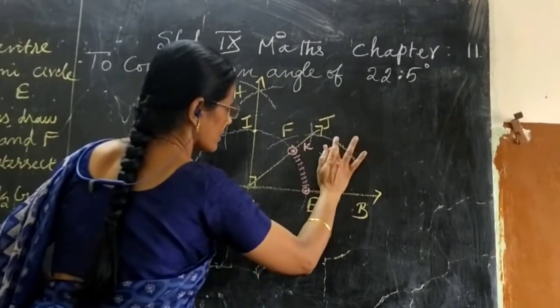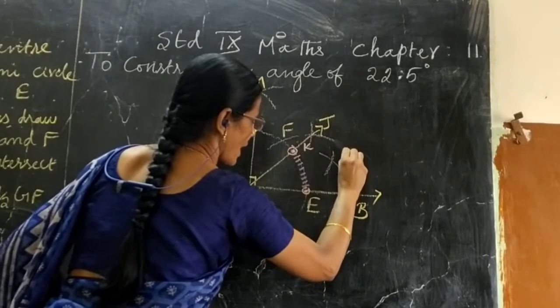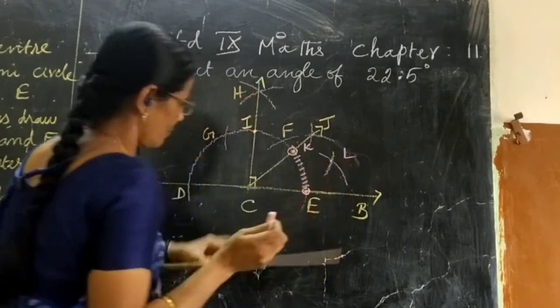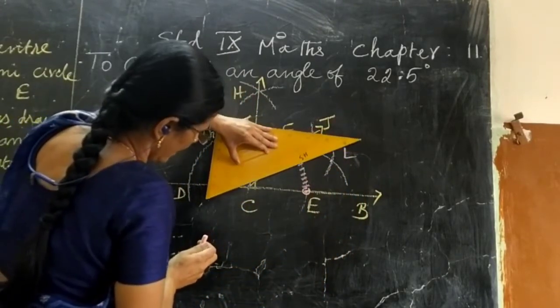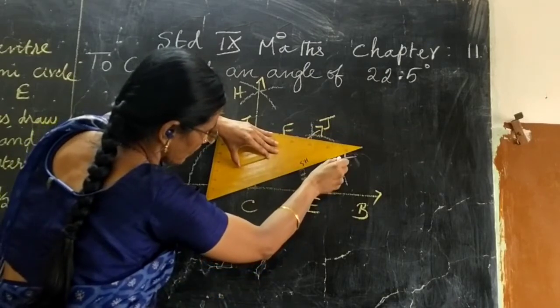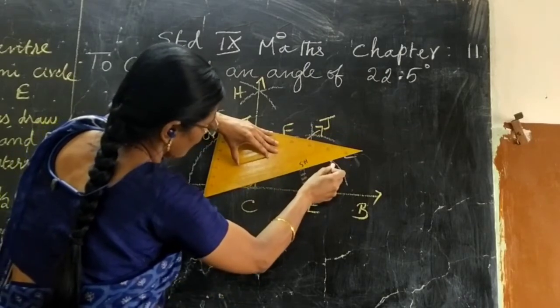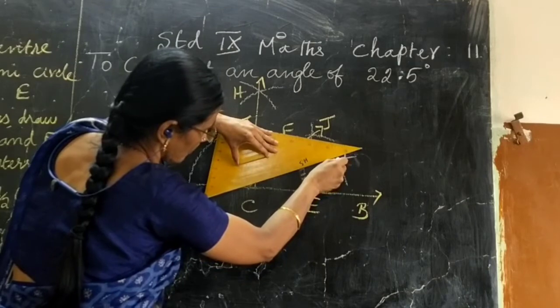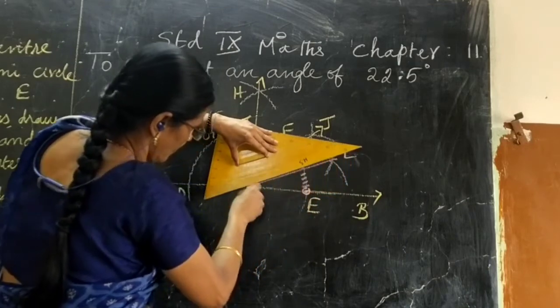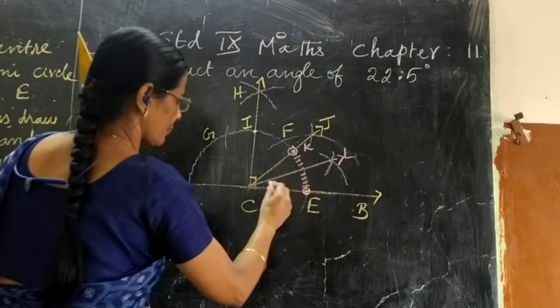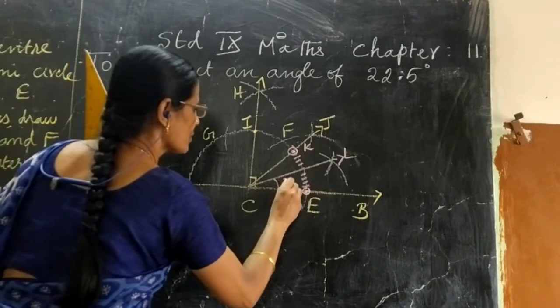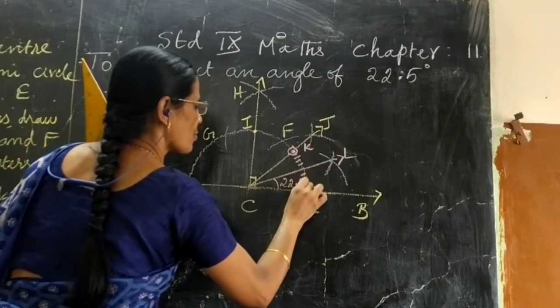Let them intersect at the point L. Now I draw ray CL. This is the required measure, which is 22.5 degree.